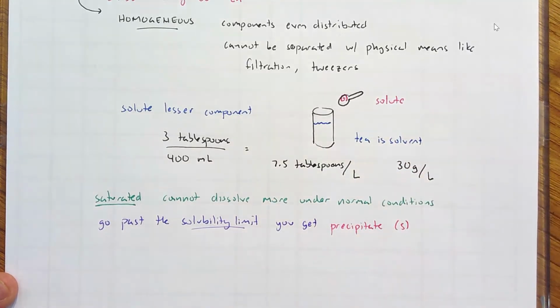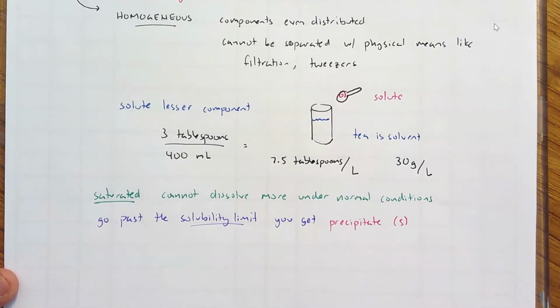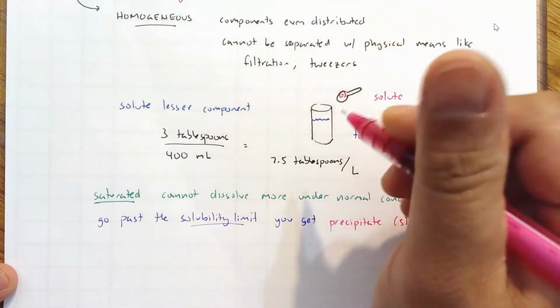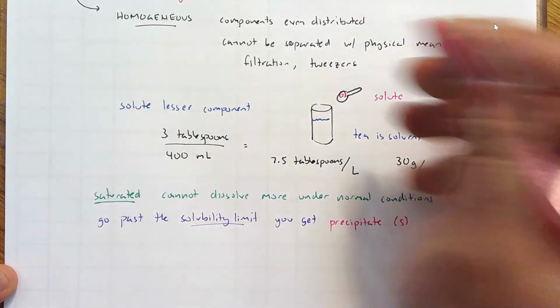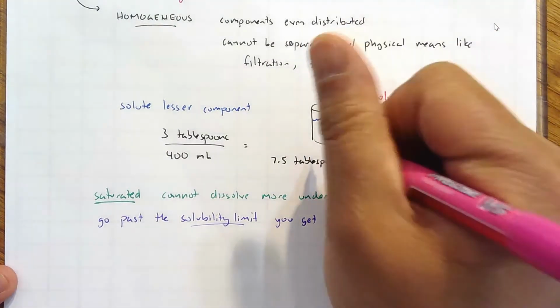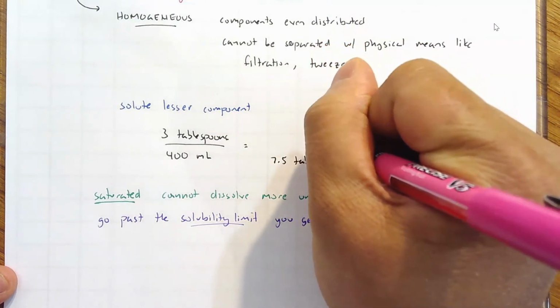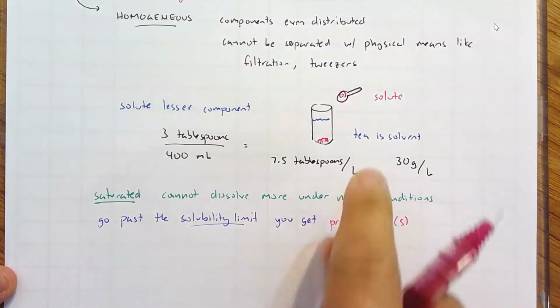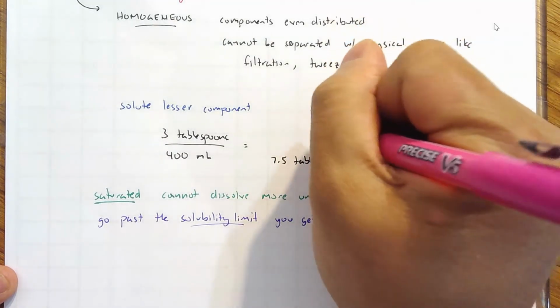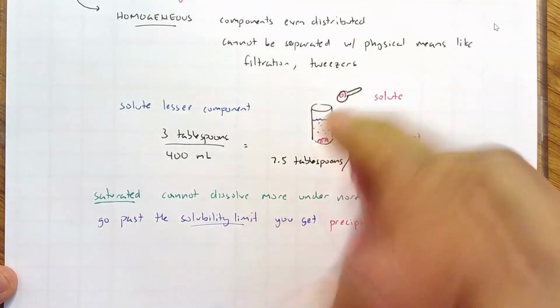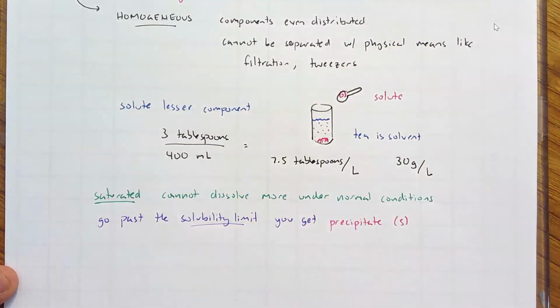Well, you could designate precipitate with solid. You've done this when you did precipitation reactions in General Chemistry 1. So if we saturate the tea with sugar and we add more sugar on top of that, then the extra won't dissolve and you'll get precipitate. But before you get precipitate, you saturate the solution with sugar.